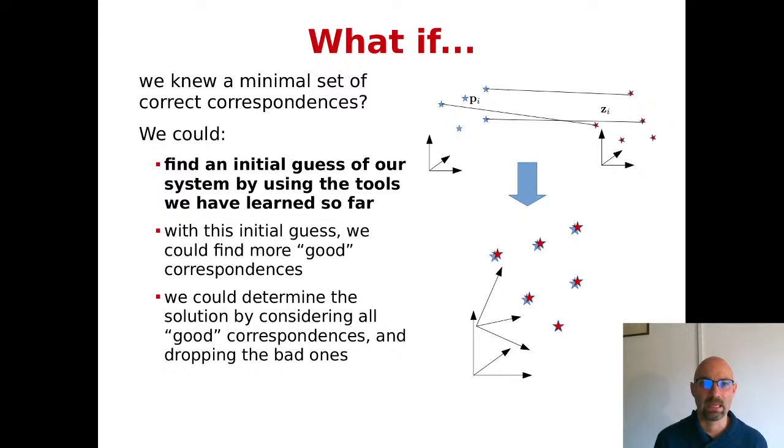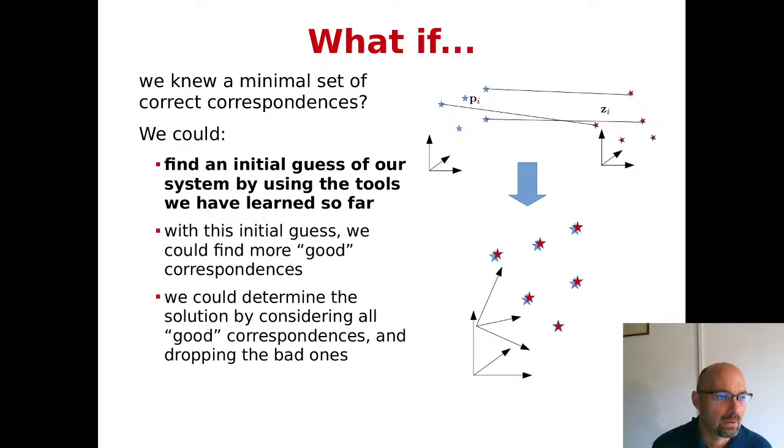Well, it could become easier if we knew a minimal set of correspondences. So I don't need to know the correspondences of the whole point cloud, like between each element. I just need to know a minimal number of decent correspondences. How minimal? Minimal enough that will allow me to determine the relative transformation between the two, because otherwise there's nothing I can do.